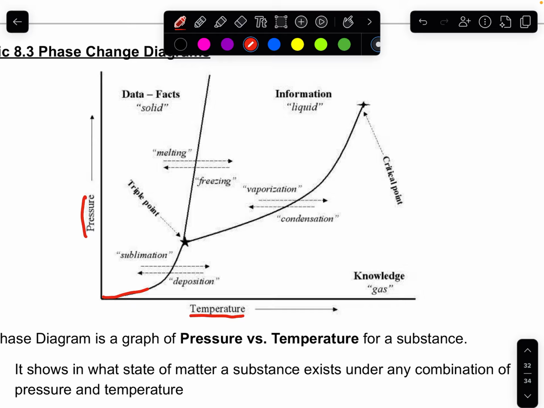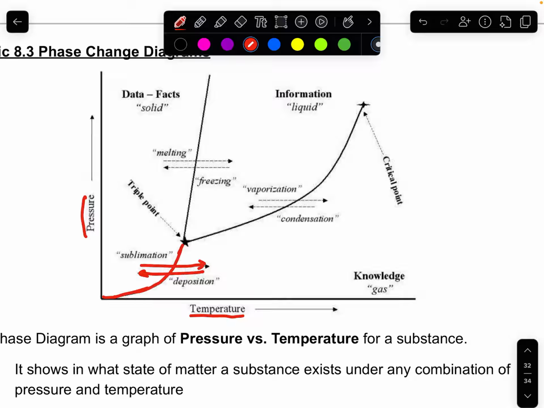Each line represents phase changes. For example, I'm drawing this red line. It shows the change of sublimation and deposition.